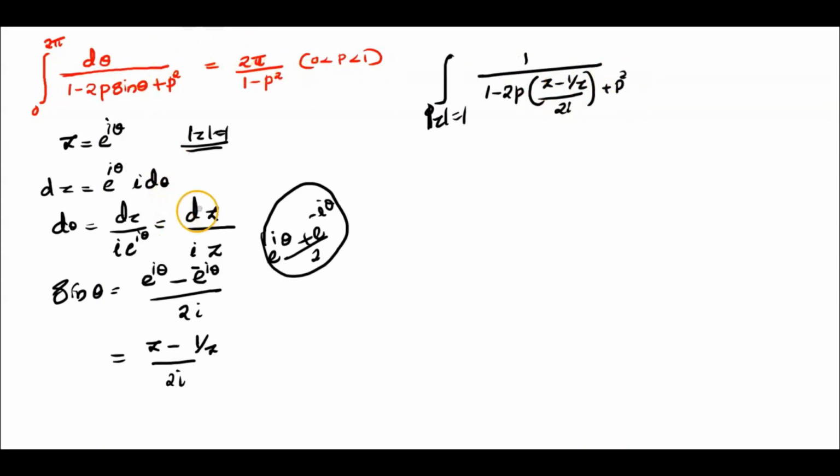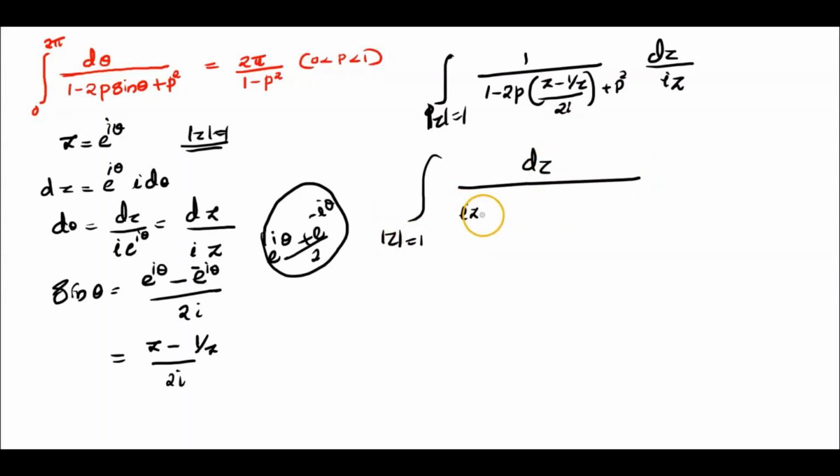And d theta is dz by iz. Now this is equal to the integral over mod z equal to 1 of dz divided by iz.